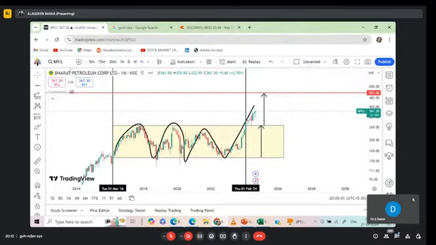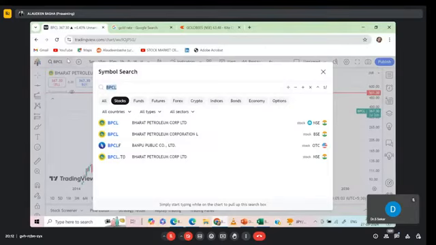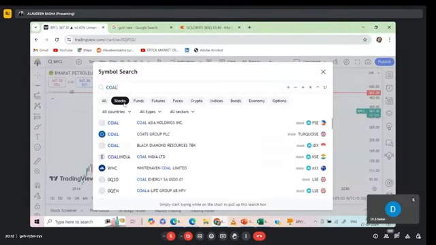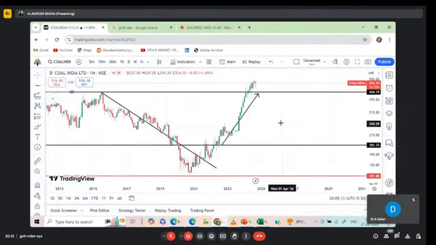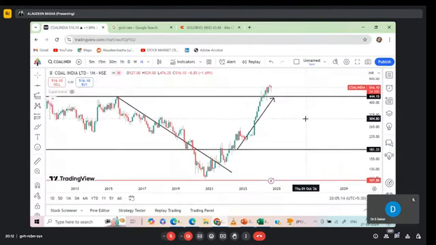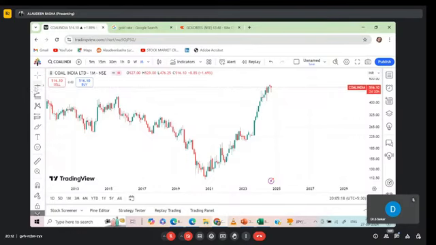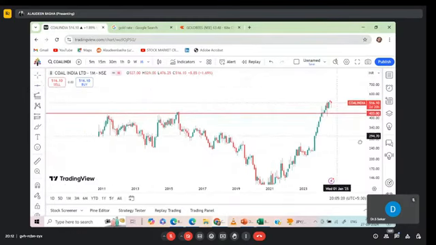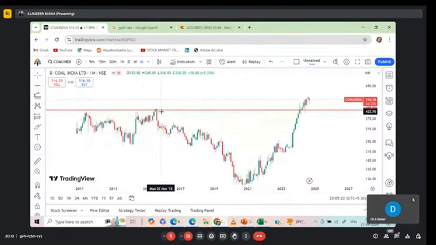BEL, Coal India. What's that? Coal India is also a good one. It has also broken the previous high, plus the market is at an all-time high. So it breaks the all-time high, which is 430.